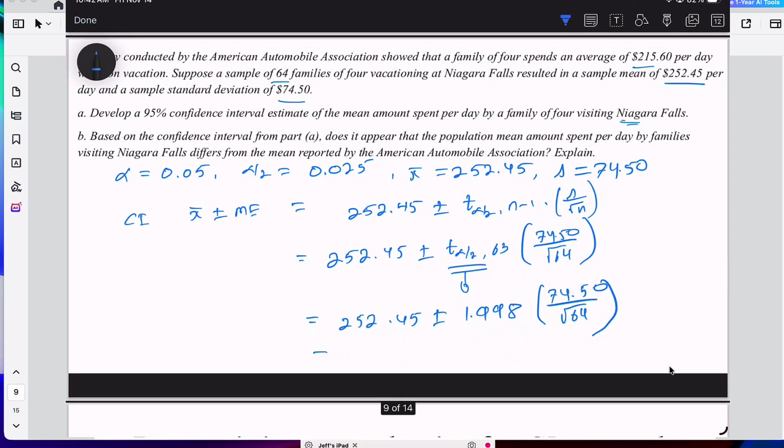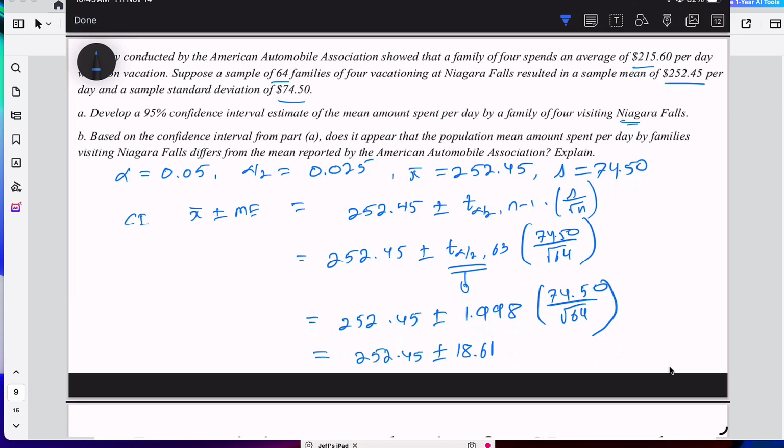This will give us 252.45 plus or minus 18.61. So our margin of error is $18.61.